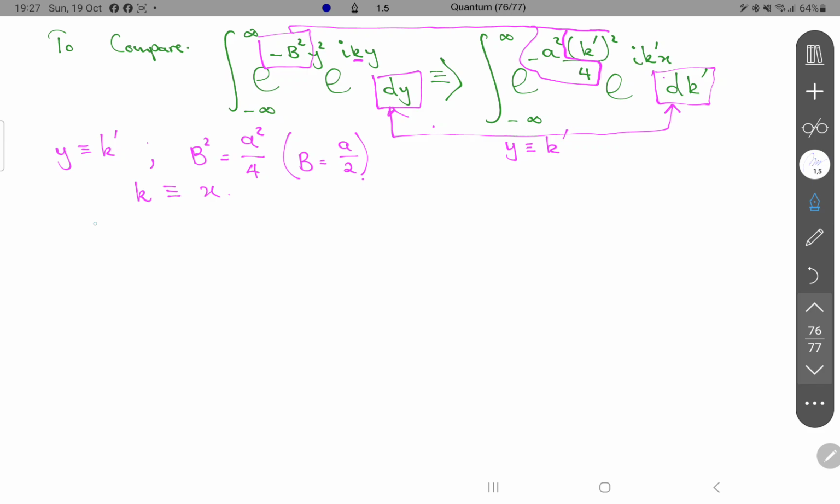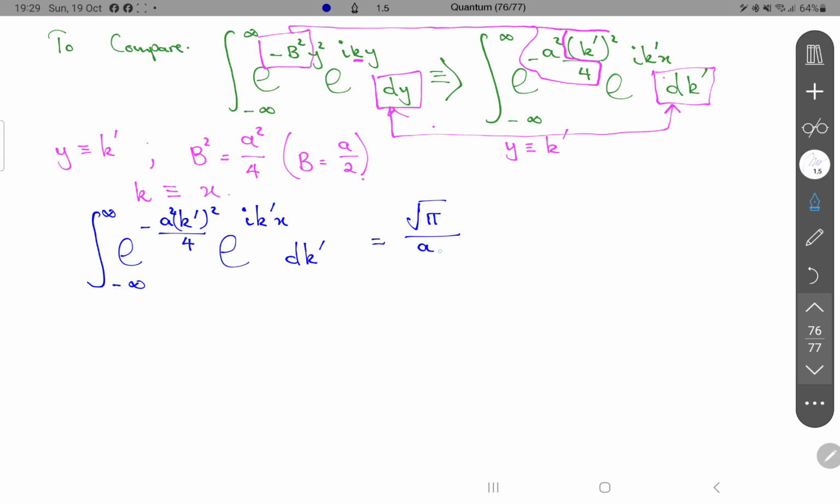So basically, what we are going to have is the integral from negative infinity to infinity of e^(-a² k'² / 4) e^(i k' x) dk prime, which is equivalent to the square root of pi over a over 2, e^(-x² / (4 · a²/4)).